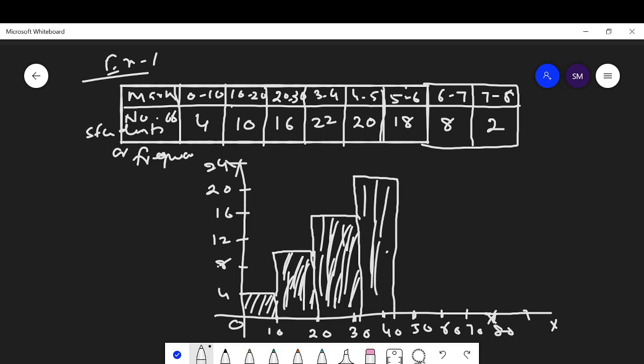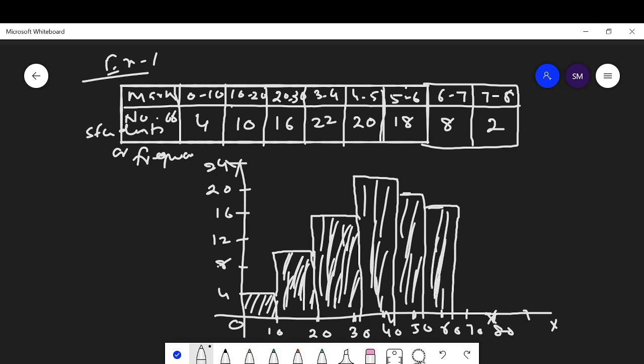Then this is 40. Then 40 to 50, how many students? 20 students. Then 50 to 60, how many students? 18 students, which is between 16 and 20.